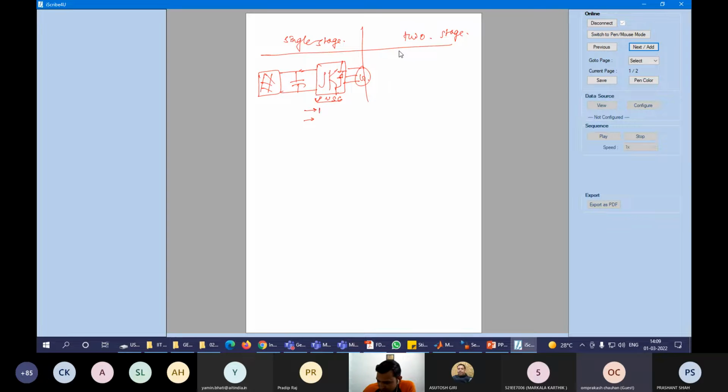First, it will do the MPPT, as well as it will be used for DC to AC conversion. However, in case of a two-stage system, you have a boost converter.